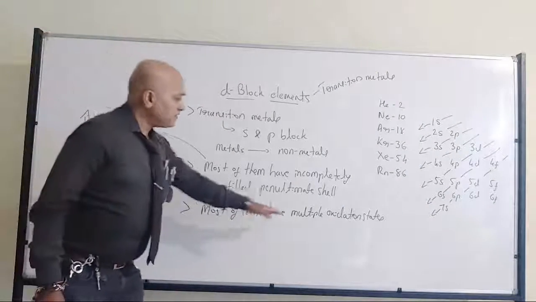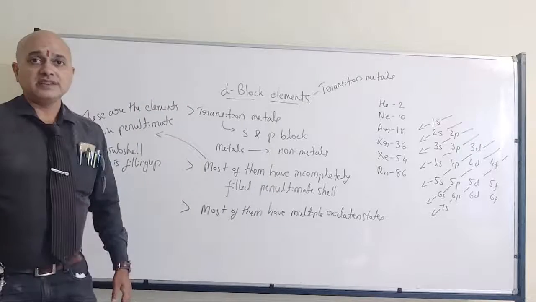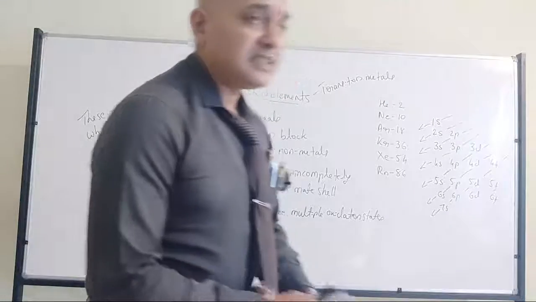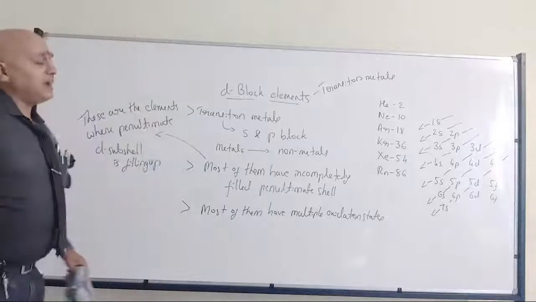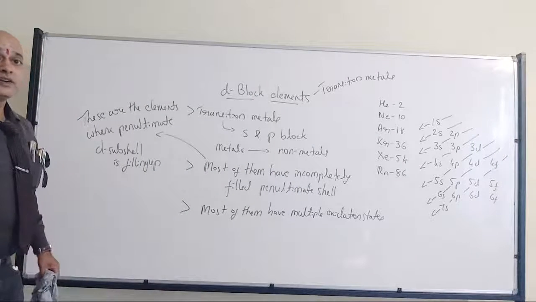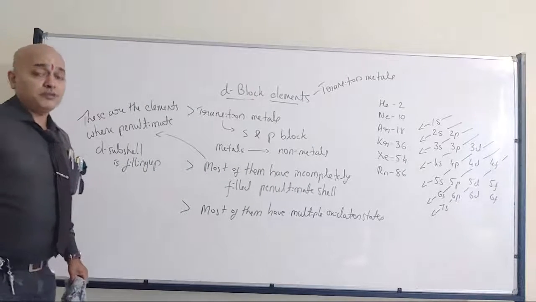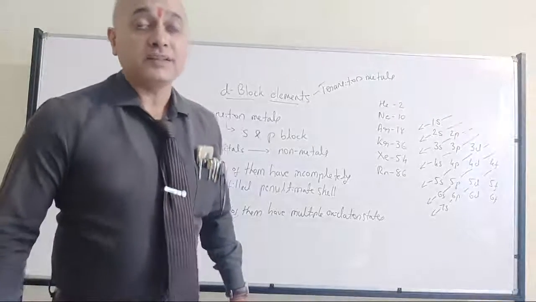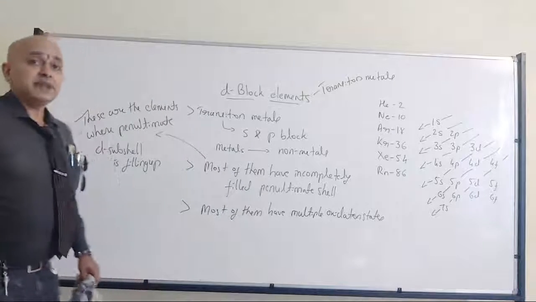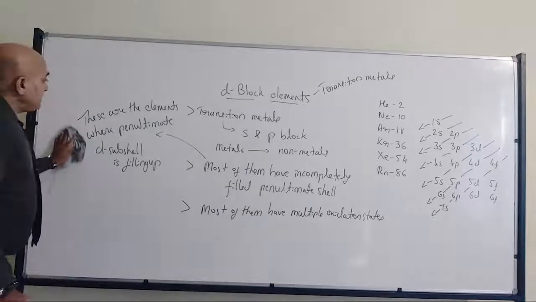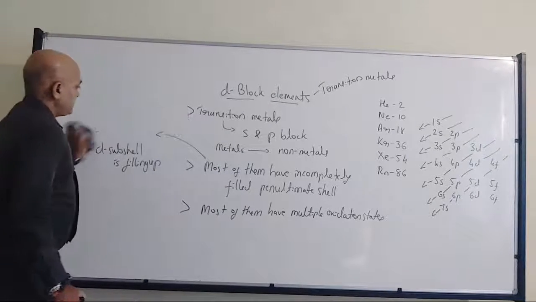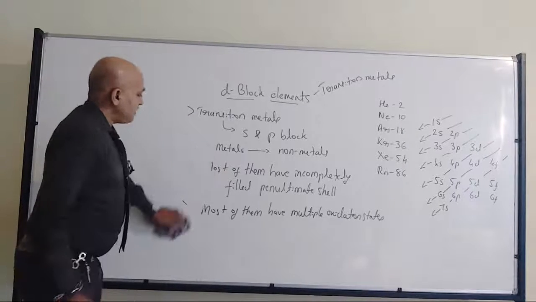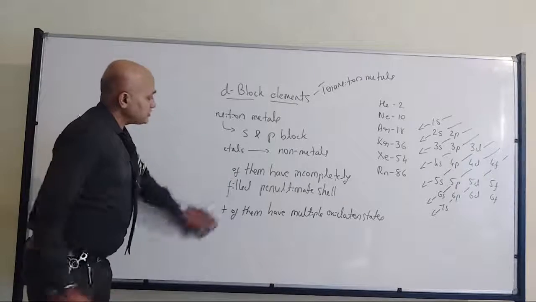So now they have multiple oxidation states. Very true. But we have some elements like zinc, cadmium and all, which belong to group 12. These are the elements which have a completely filled d subshell, and even a completely filled outermost shell.